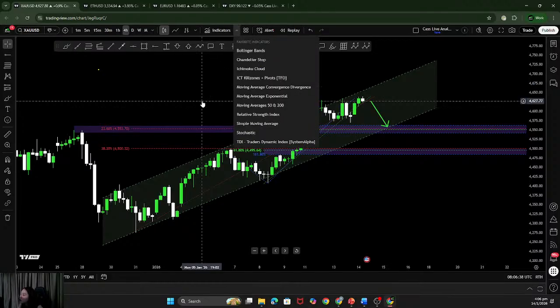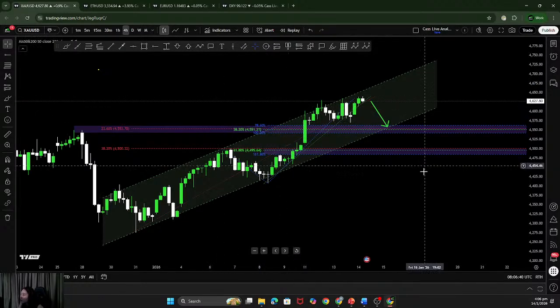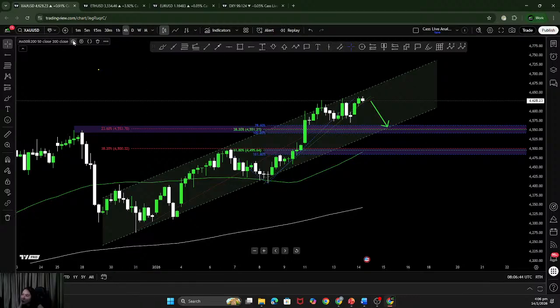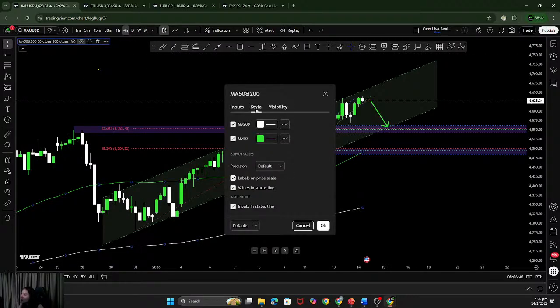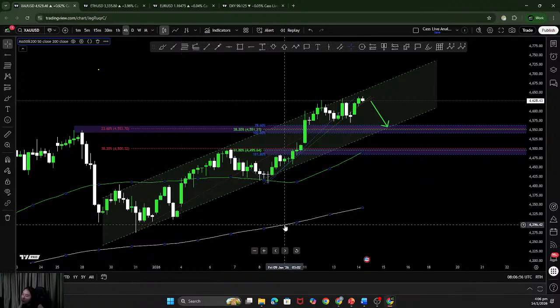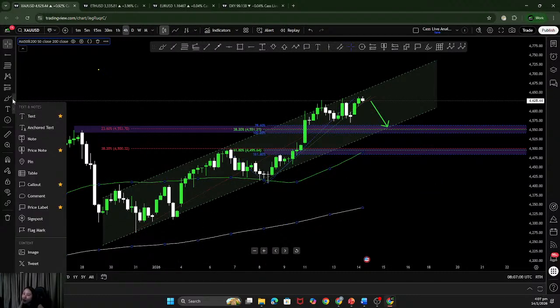I'm going to pull out the 50 and the 200 moving average. Okay, so it's very simple. How you use this is you go into the settings. So 200 is the white, 50 is the green. You basically need the 50 and 200. If the green is above the white, it means that we are in an uptrend.